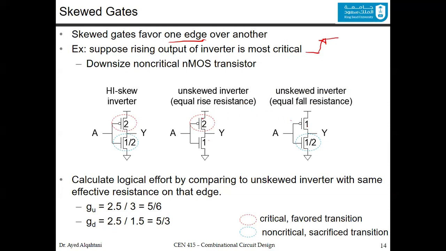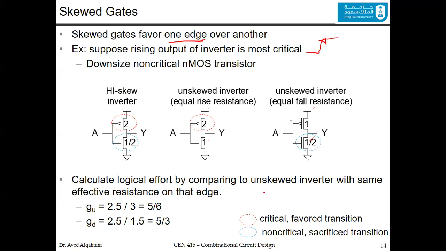Why are we doing this? This one and this one have the same ratio, but why are we dividing? The reason is, if we want a high skew inverter, you have the red circle and the blue circle. The red circle is the critical or favored transition, which is the pull up now.